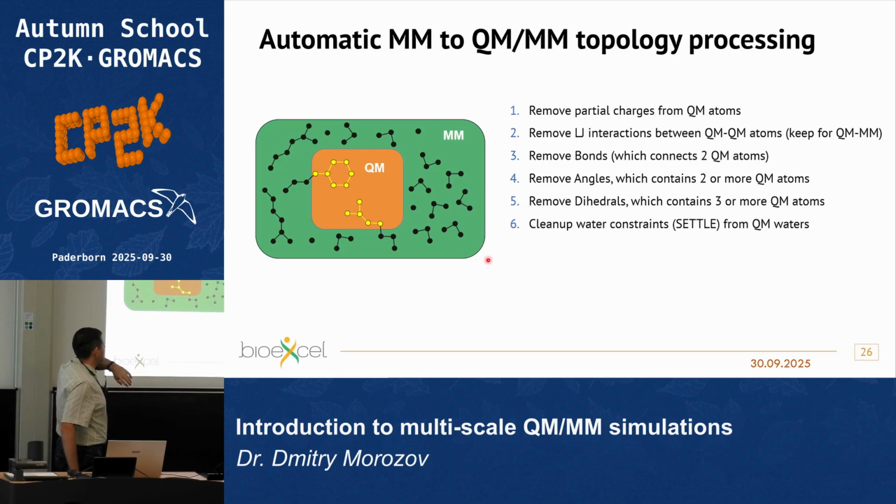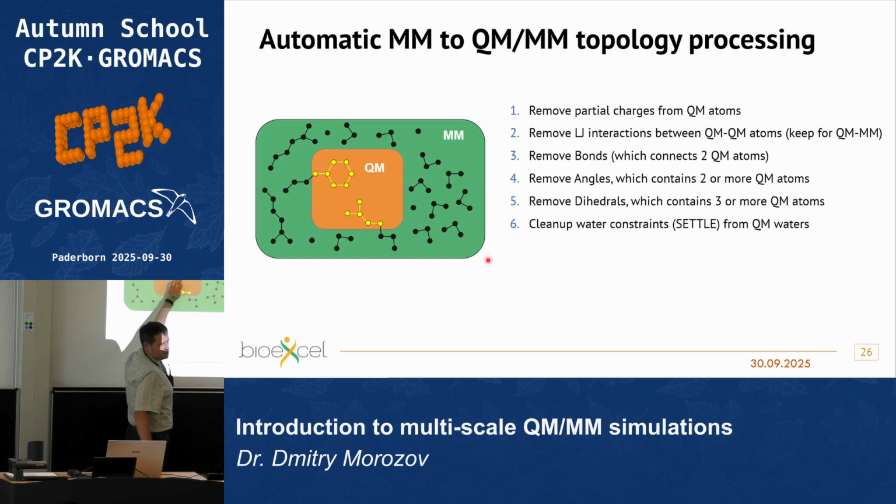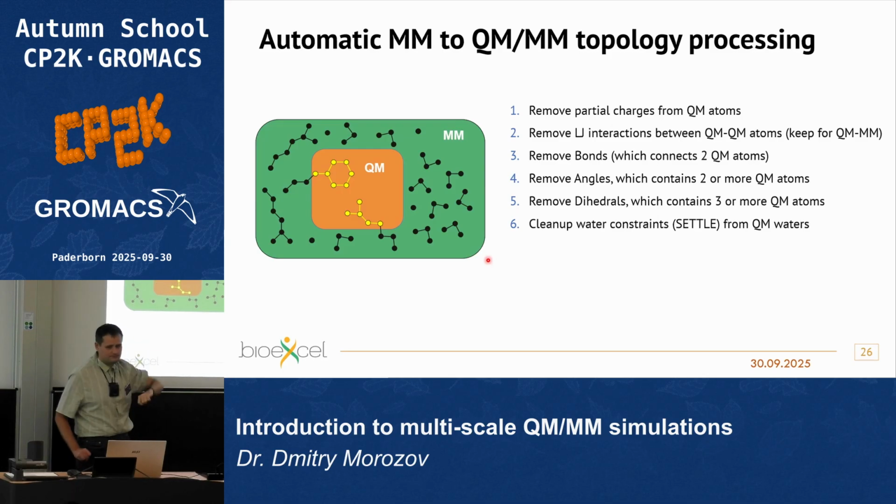Then you need to remove Lennard-Jones interaction between QM and QM atoms, between the yellow atoms, but you need to keep the Lennard-Jones interaction between yellow and black atoms. Then you remove all bonds which are connecting QM atoms, the yellow atoms here. You keep the bonds which are connecting a black and a yellow atom. So you remove only the yellow-yellow ones.